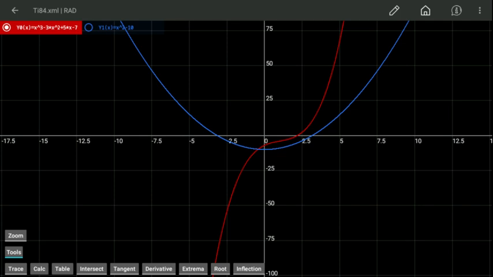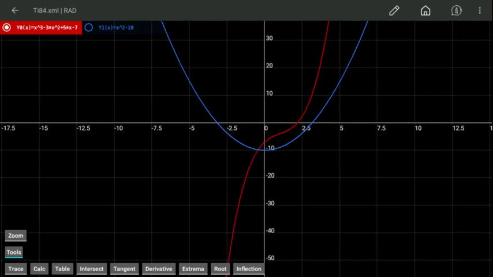Therefore, that point of intersection that I can see in the third quadrant will be the only point of intersection that exists.